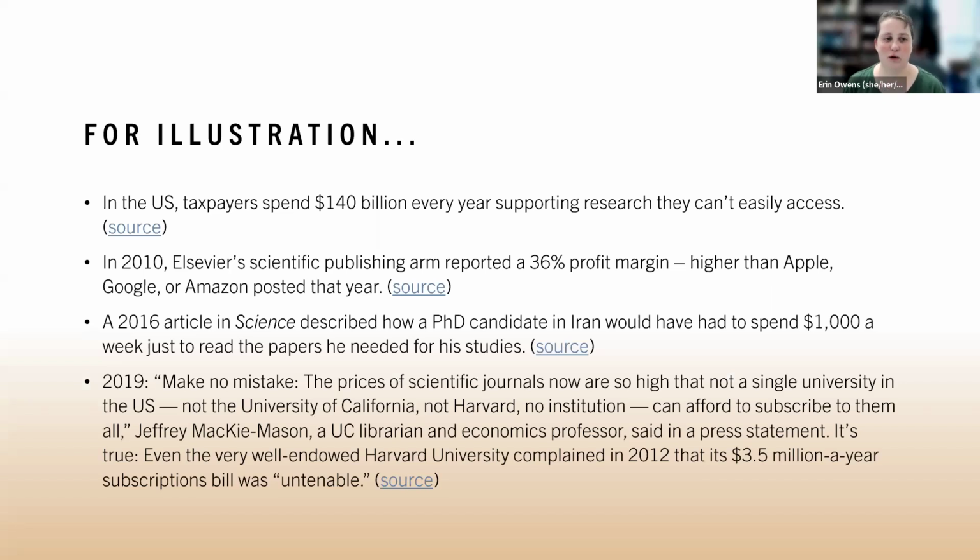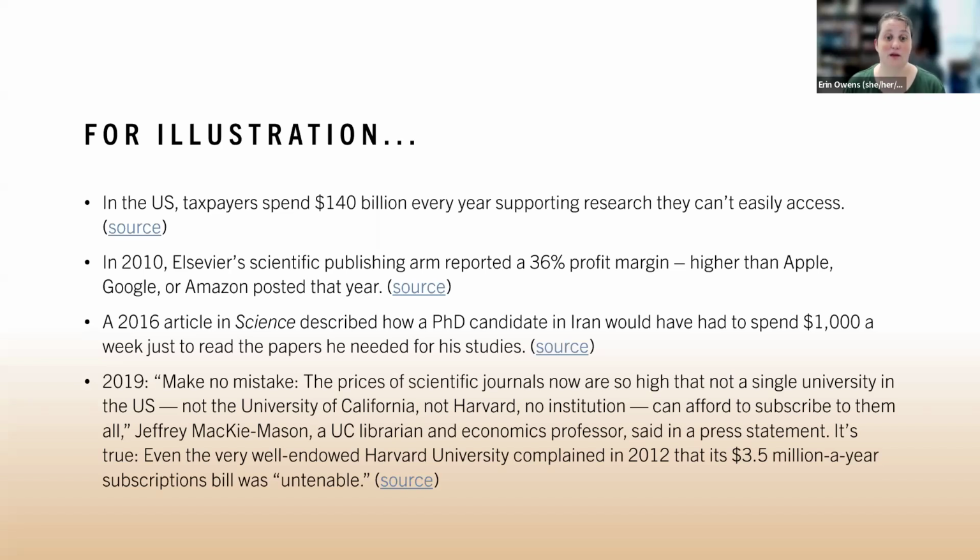And finally, this quote from 2019, a librarian and economics professor tells us that the price of scientific journals now are so high that not a single university in the US, not the University of California, not Harvard, no institution can afford to subscribe to them all. It's really true.